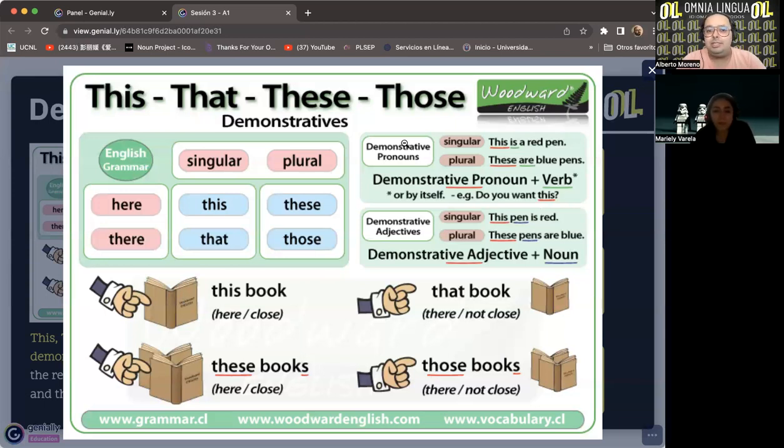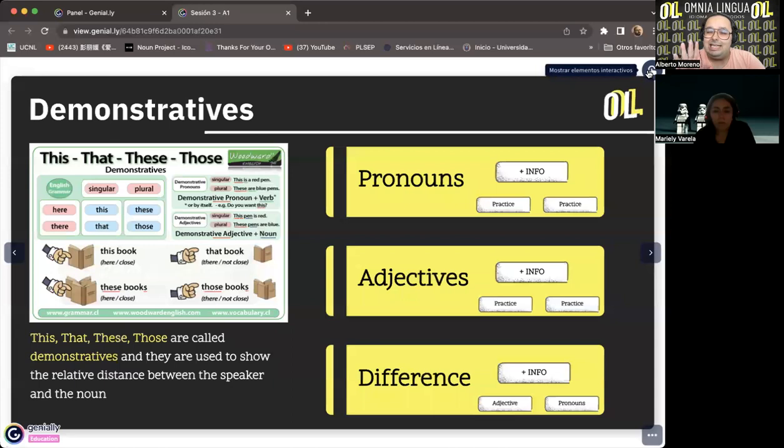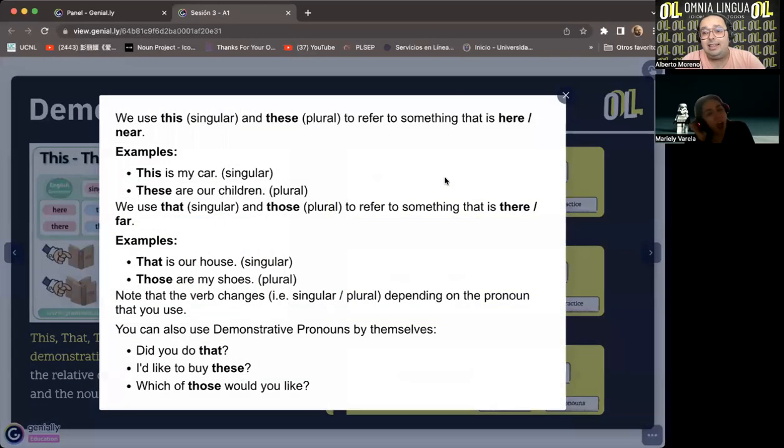And we have two options, demonstrative pronouns and demonstrative adjectives. The words are the same, this, that, these, those, but the use is a little bit different. If we use these words as demonstrative pronouns, the grammar says that they are used before the verb or at the end of the sentence, I mean by themselves.